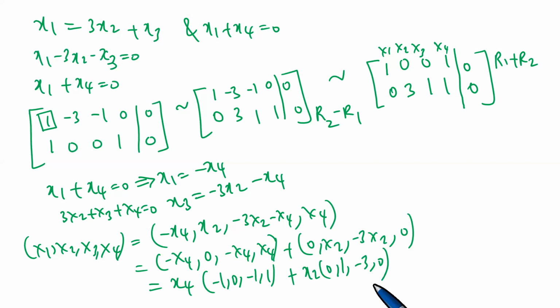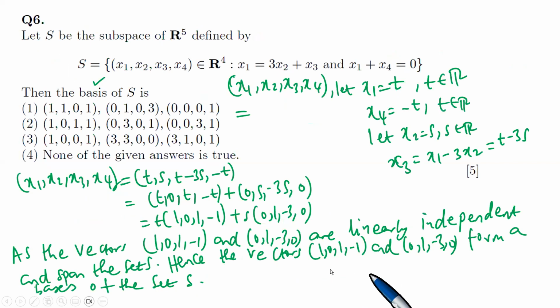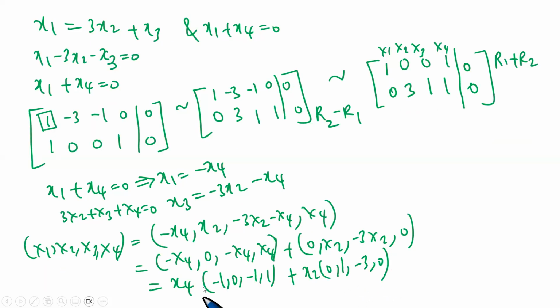So what is the meaning of these here? And how is this different from that? We have 1, 0, 1, minus 1. They differ by sign.